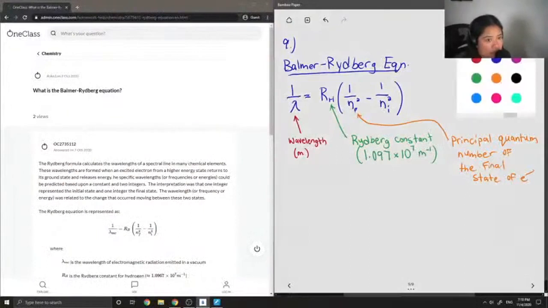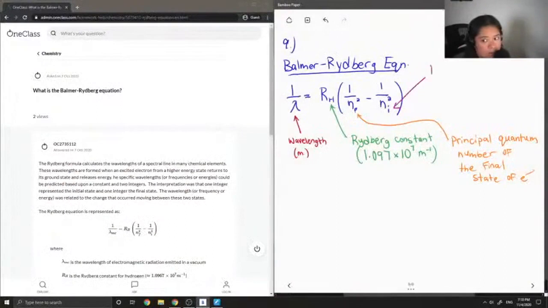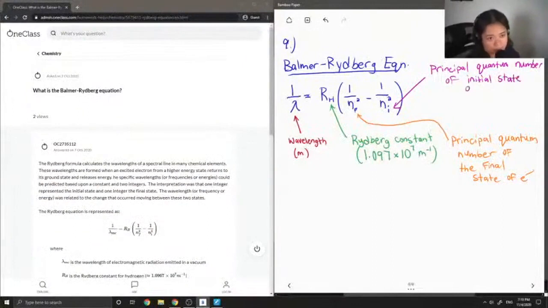And then as you can guess, Ni is the principal quantum number of the initial state of your electron.